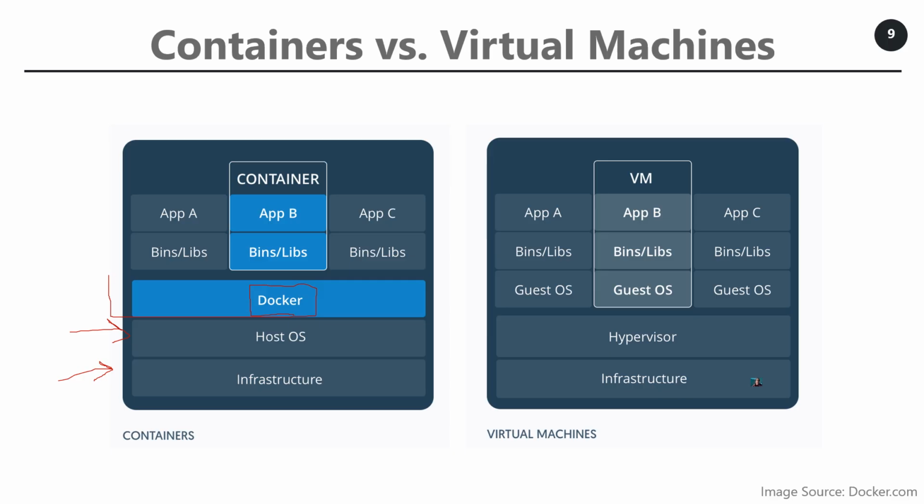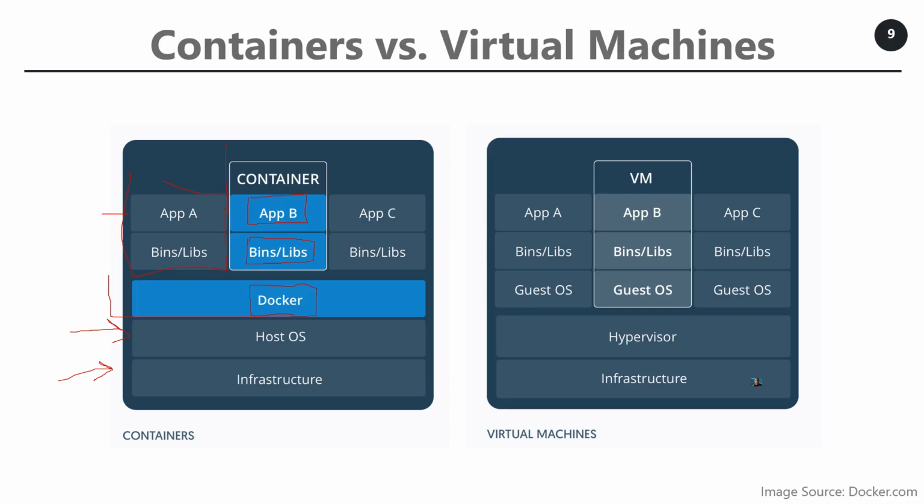So this is a container. It'll have an application. Usually we isolate one application in a container, and then the bins, the libs, and all the binaries necessary to run the applications. And obviously, all these containers share the OS, and they are lightweight, like we discussed before.